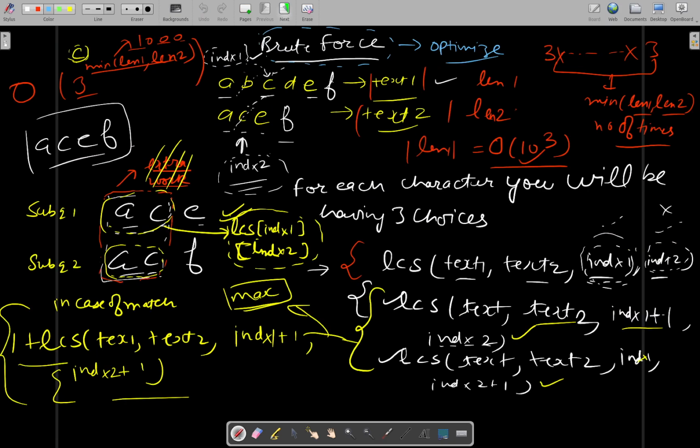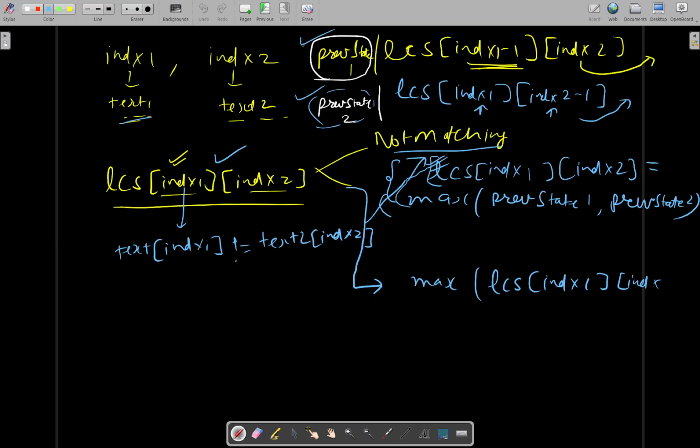I am describing it right now. So either you can pick up whatever value is currently in the LCS, or you can add this character that is common to both of the subsequences, common to both of the strings, and you can proceed further.